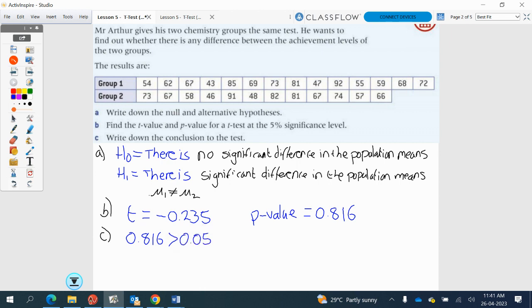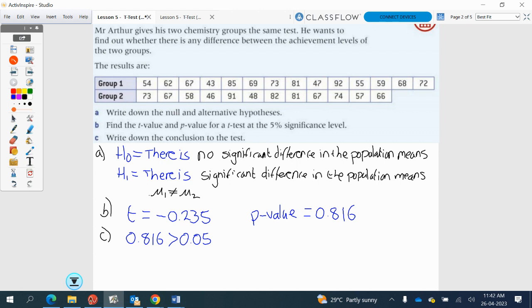You have to put this inequality up with these numbers, always. Make sure you always put the p-value first, because I noticed one person got this wrong because they put the significance level first, then the p-value, and they got really confused as to which way the inequality is tipping and what the conclusion is going to be.